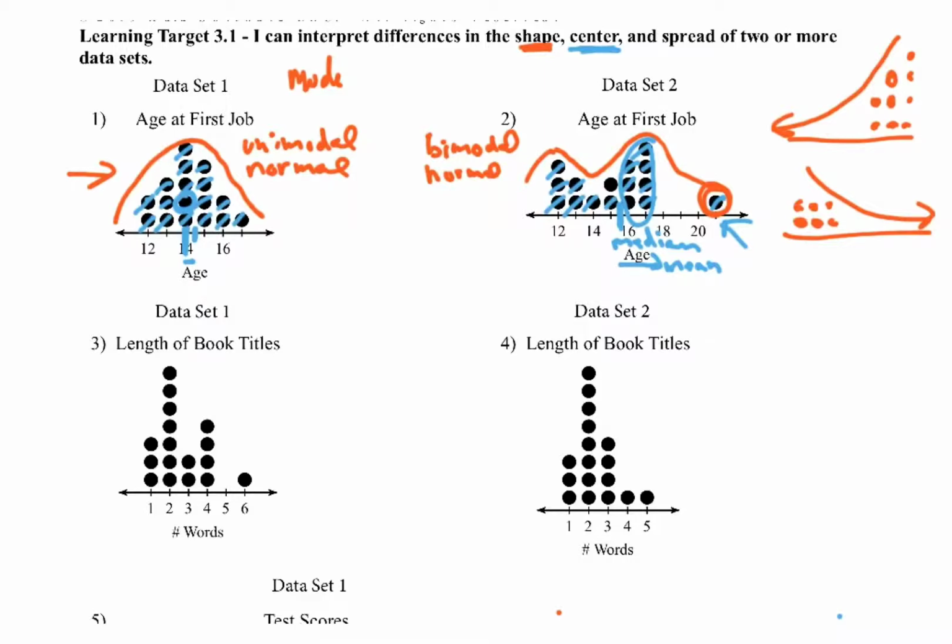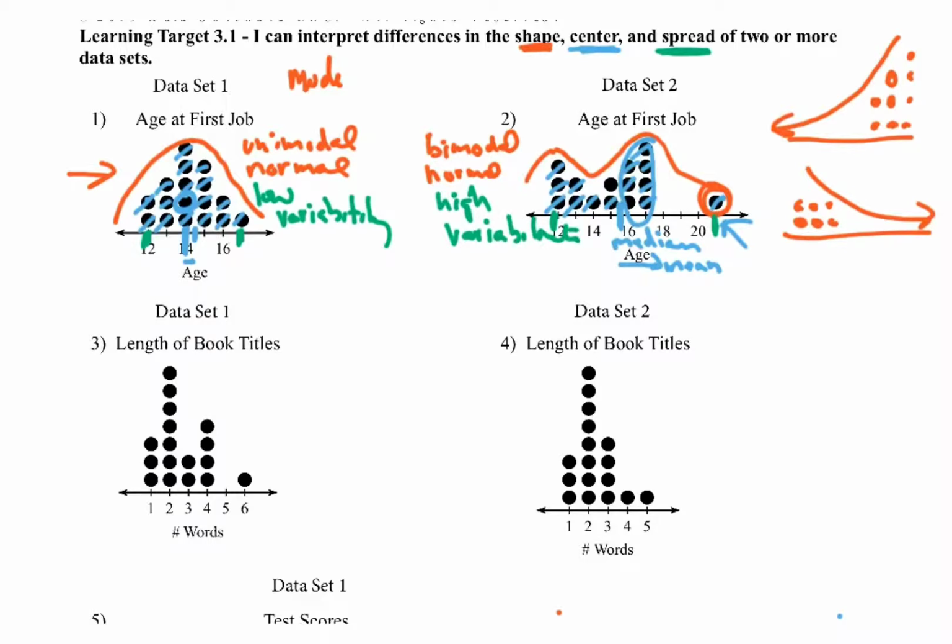Now with spread, when we talk about spread, that is the variability. This only goes from 12 to 17, whereas this one goes 12 to 21. So this one has a lower variability than data set 2, which is going to have a higher variability, because it is higher.